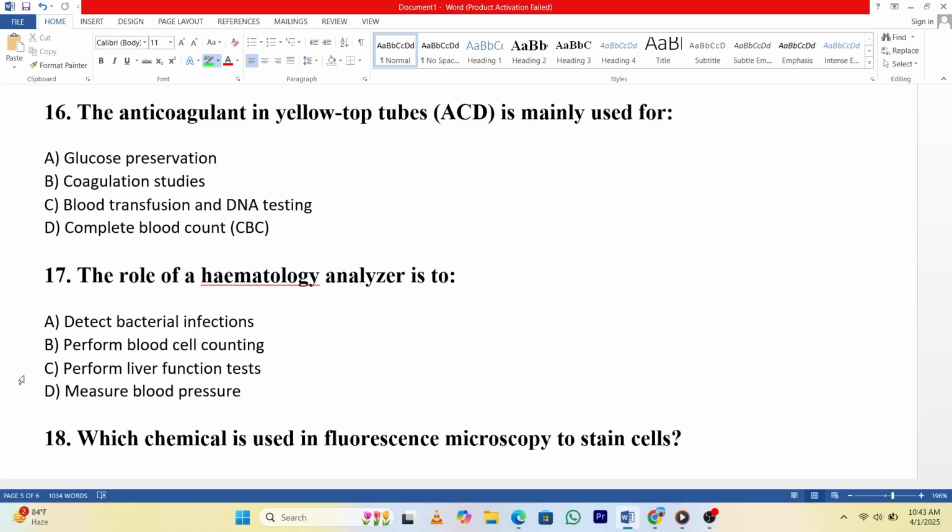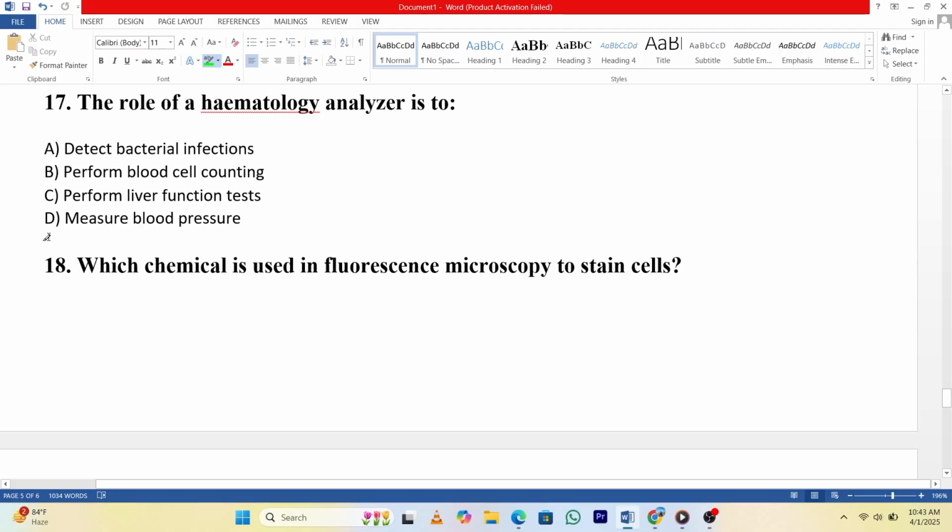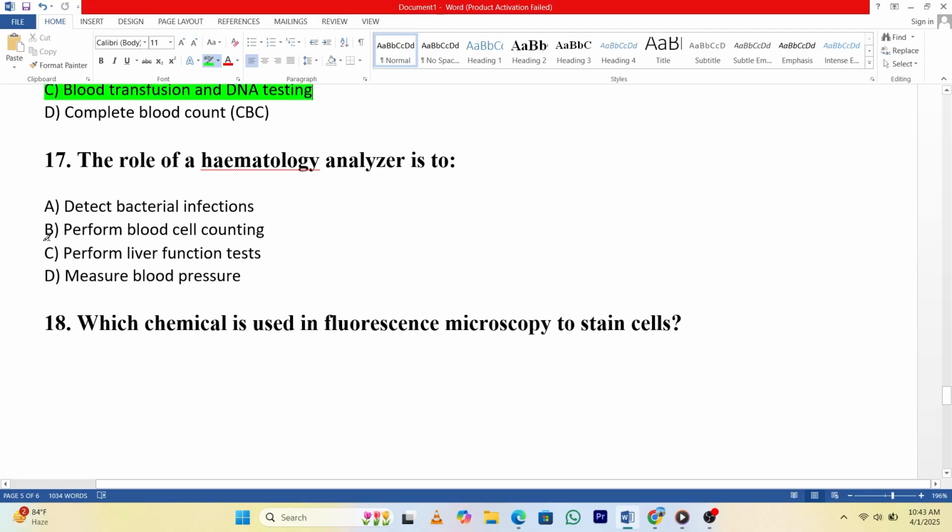B. Coagulation studies. C. Blood transfusion and DNA testing. D. Complete blood count, CBC. Answer: C. 17. The role of a hematology analyzer is to: A. Detect bacterial infections. B. Perform blood cell counting.